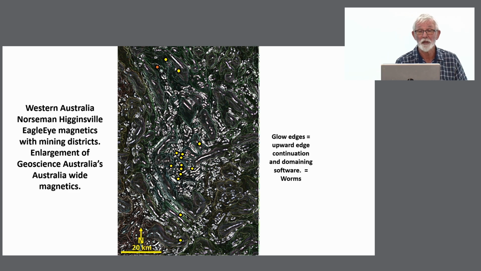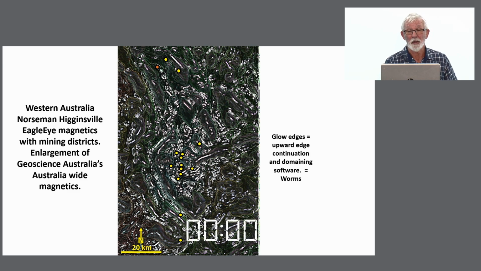So it's a great thing for focusing and bringing out structure. Also, it's got the advantage that you can slide the button and you can take out your highs and lows in the colour.